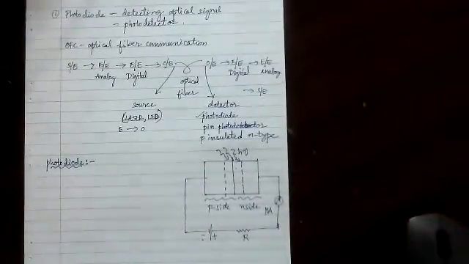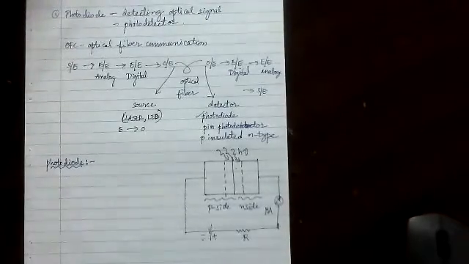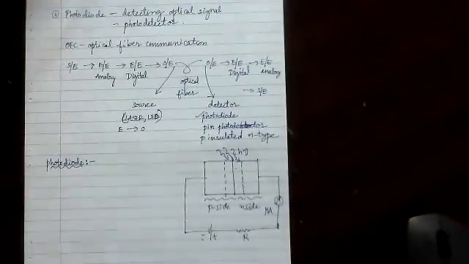So here, what happens when the photodiode is illuminated with light or photons with energy h nu greater than the energy gap of the semiconductor? Electron hole pairs are generated due to the absorption of photons.